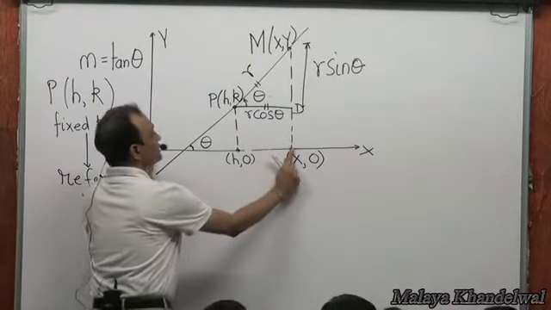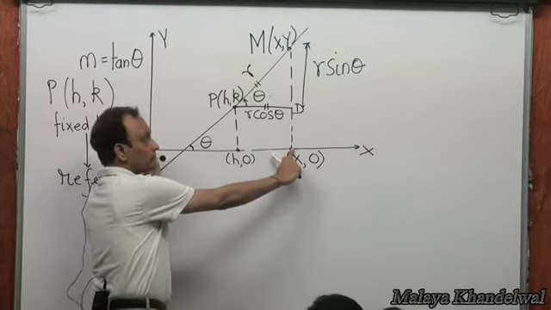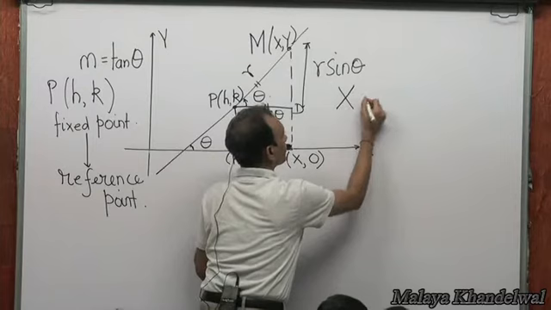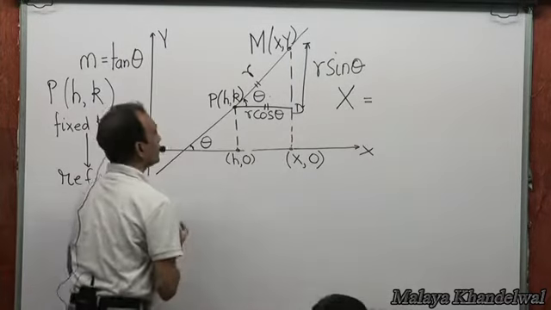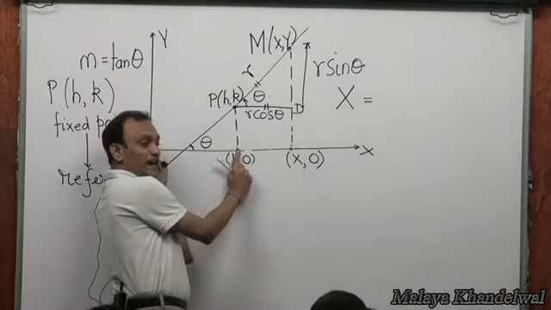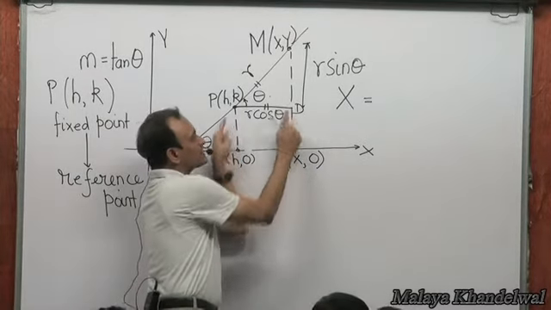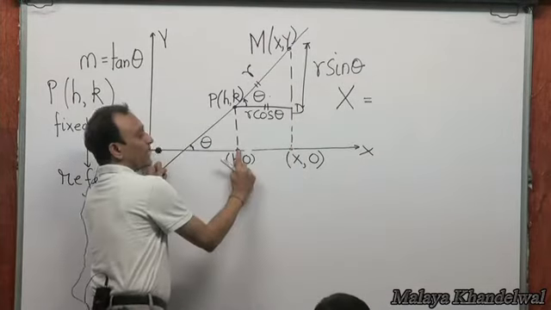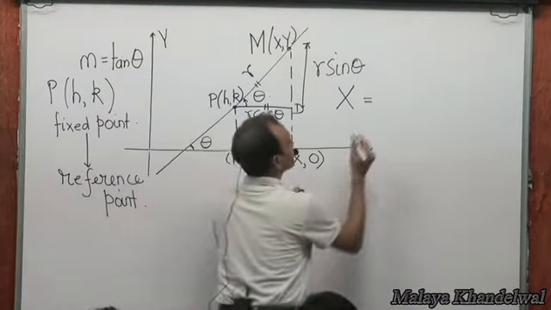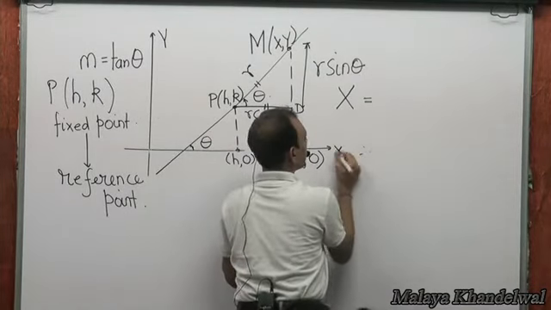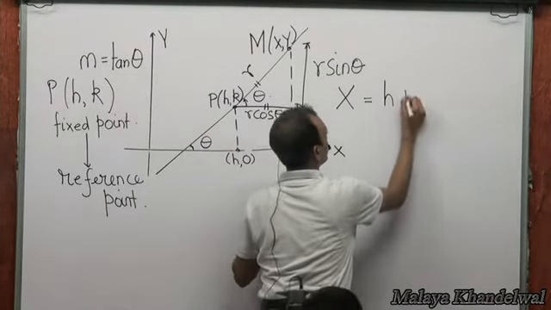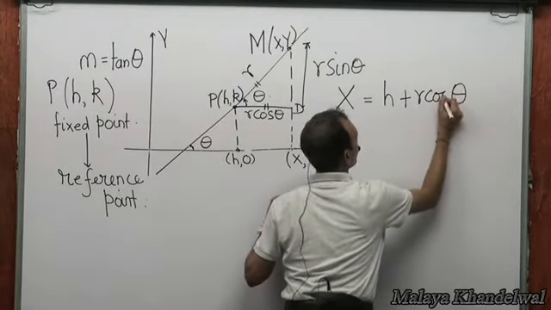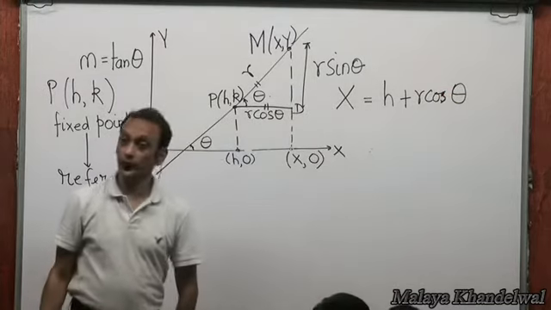Now, this is x, the x coordinate of this moving point. Which is going to be this length, which is h, plus this length, which is the same as this length. So this length is going to be r cos theta. So this x is going to be h + r cos theta. Right?